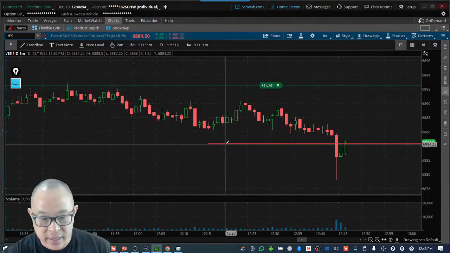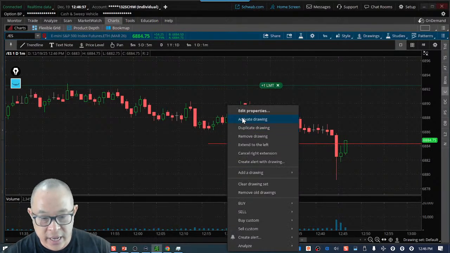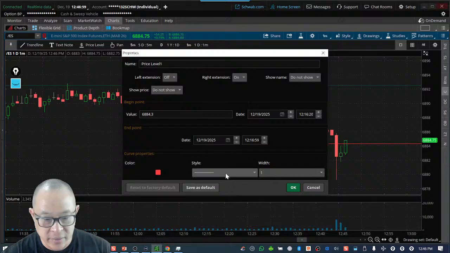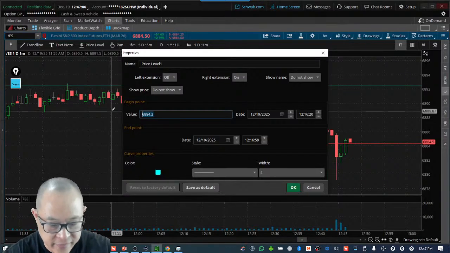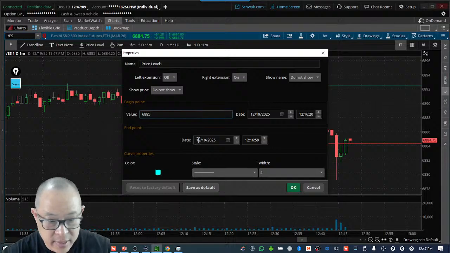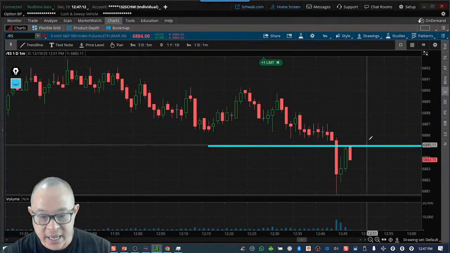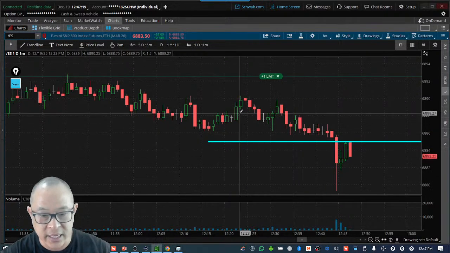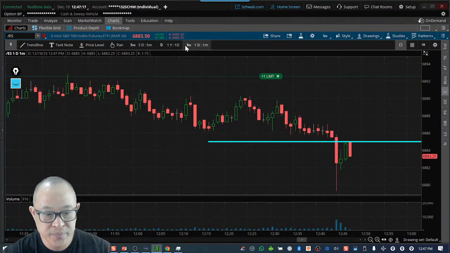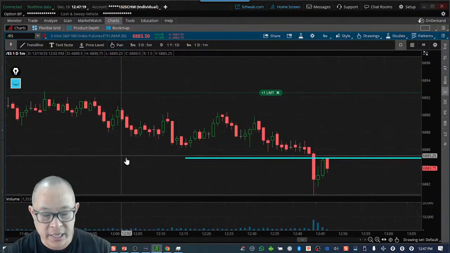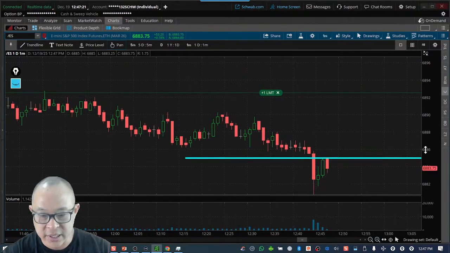Here, let me make that a little bit darker, edit the properties, make the line a little bit thicker. Let's just go 4. We'll make this a nice bright color. Change this to 6885. And okay, there we go. So we want it to stay above there for this thing to expire worthless.